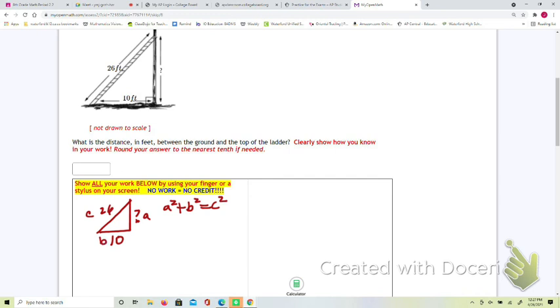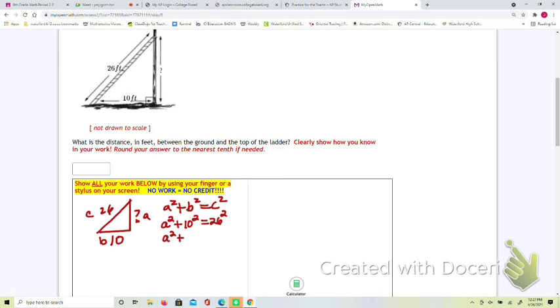So the question mark is a, so I'm going to leave it a squared plus. The b is 10, so I'm going to put in 10 squared equals, and the c is 26, so I'm going to put in 26 squared. Now I have a squared plus 10 squared, which means 10 times 10.